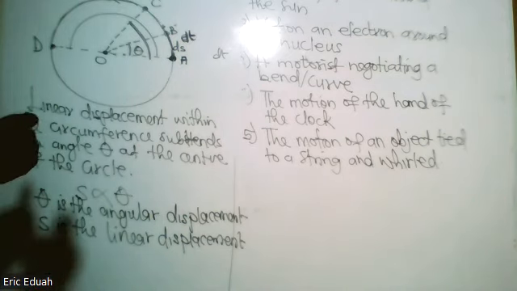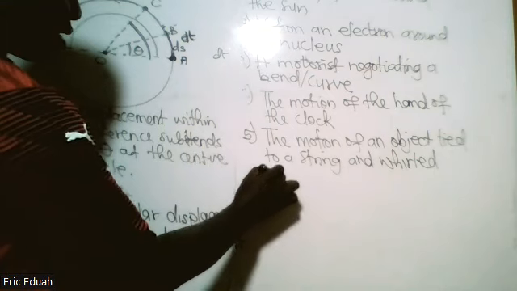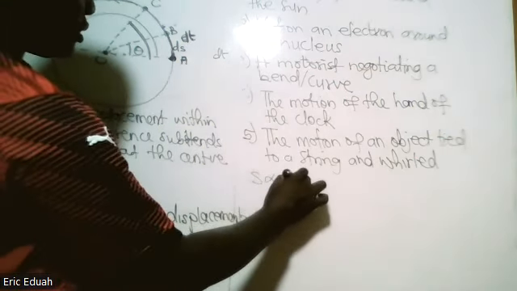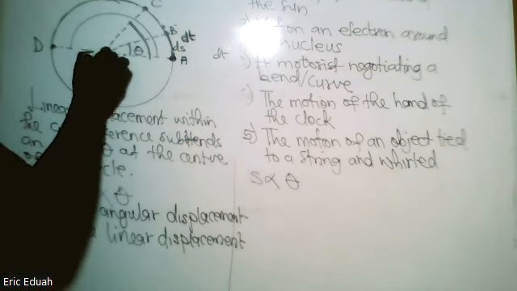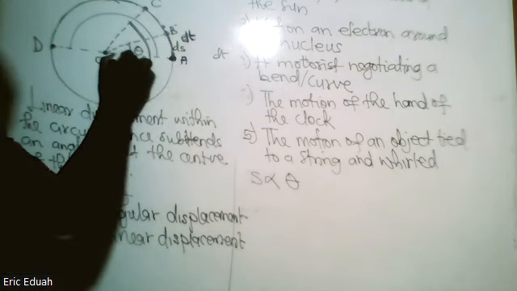Okay, so S is directly proportional to theta. Okay. S is directly proportional to theta. Now, when you watch this closely, the observation is that look at this distance from the center to the position of the object.